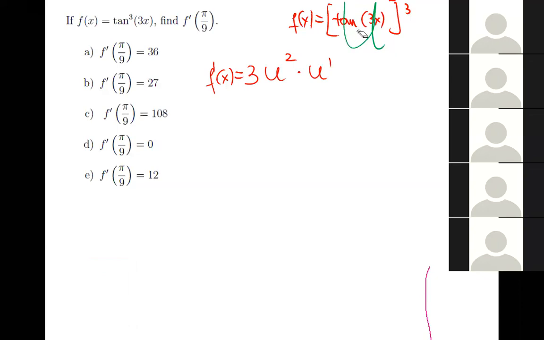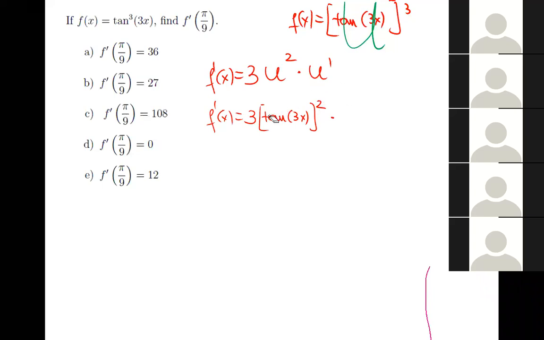And u, of course, is the entire quantity. That means I will not play these games anymore. Instead of u, I will put tangent 3x squared. Right? That means 3 times quantity tangent 3x squared times the derivative of tangent.